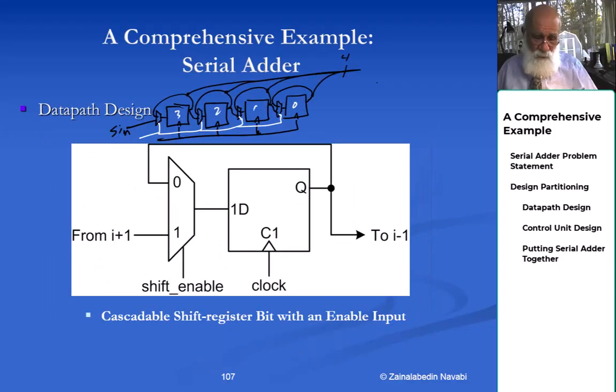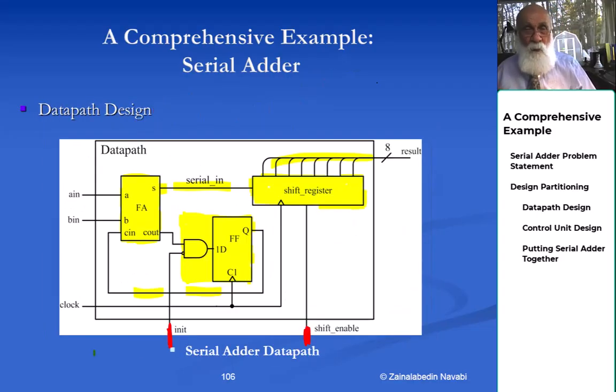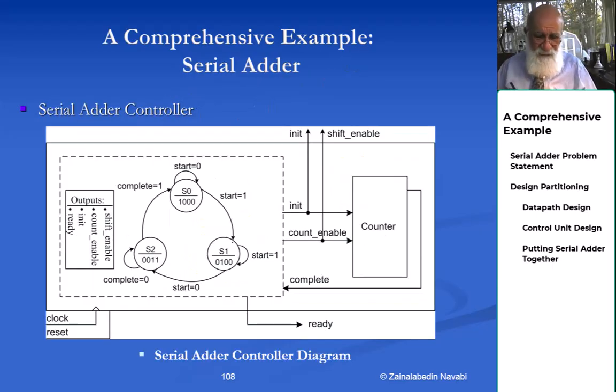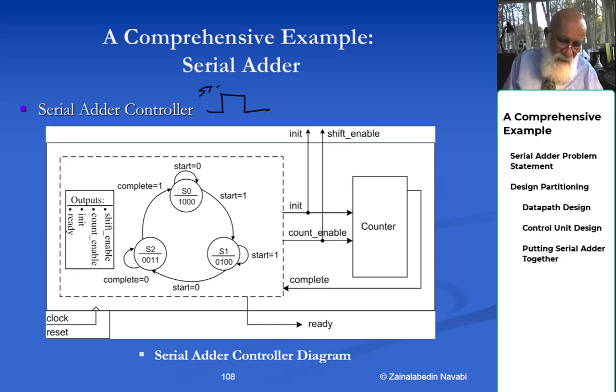What does the controller do? The controller sits and waits for a start. Remember the state machines. You have a state and sit and wait for a start. Once the start is received, it waits for start to become 0. Actually, what it does is it waits for a pulse on the start. So when it becomes 1, it does not start the process.